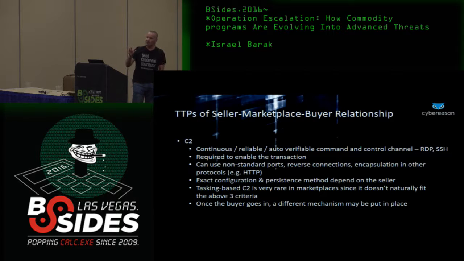So in terms of the command and control, most of these marketplaces would actually work with protocols like RDP and SSH for the command and control, or for the transactions that take place, the transfer of control from the seller to the buyer. They're continuous. You typically don't risk losing access. They're very reliable.